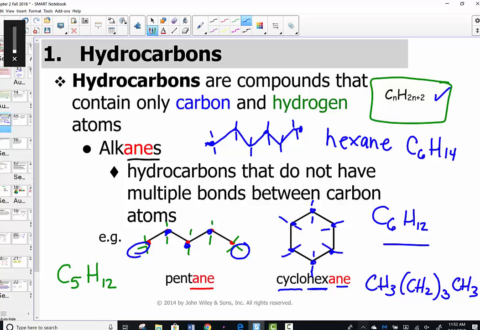So notice the difference between straight chain hexane and cyclohexane. They have a different number of hydrogens because now the carbons are all bonded and nobody's a terminal carbon. It helps me predict the formula, knowing if it's cyclic or straight chain.